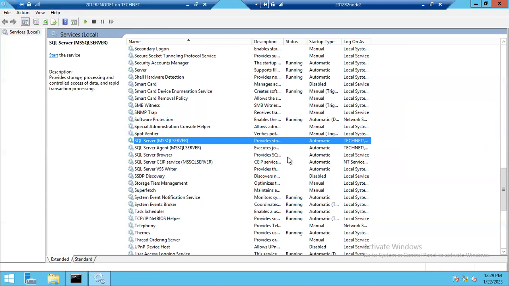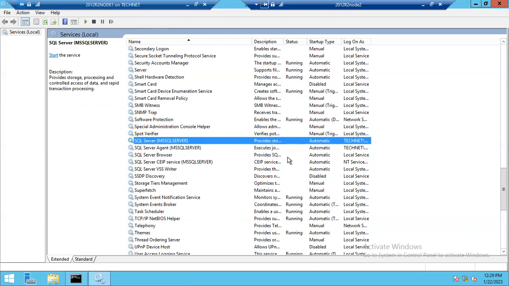This is the reason the availability replica is down, because the SQL service is not stable. And because of that, the log file is full, right? We understood three things. One, the log file is full because of the availability replica.